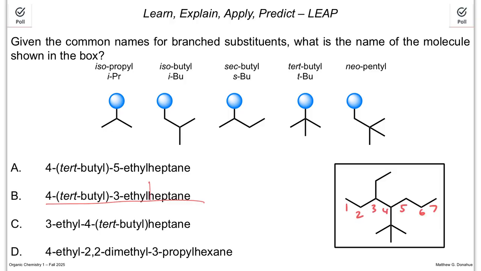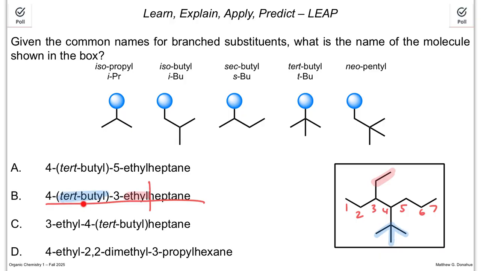So 7 gets us the heptane. And then when we look at the substituents at the 3 position, there's your ethyl. And then at the 4 position is that tert-butyl.